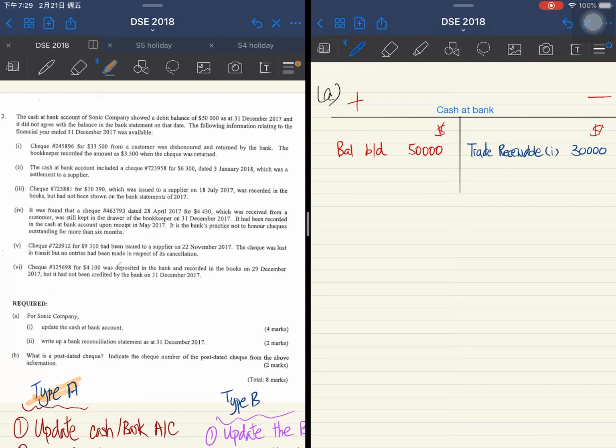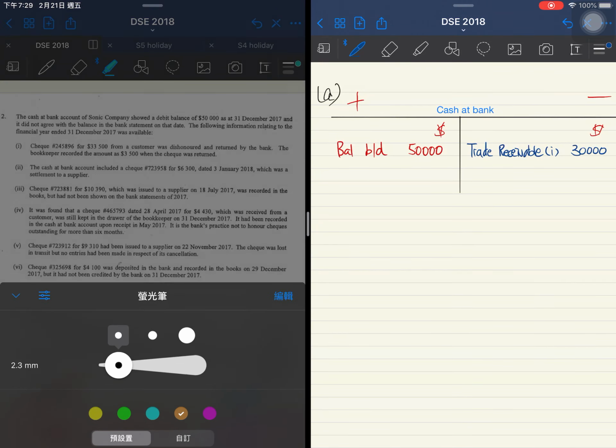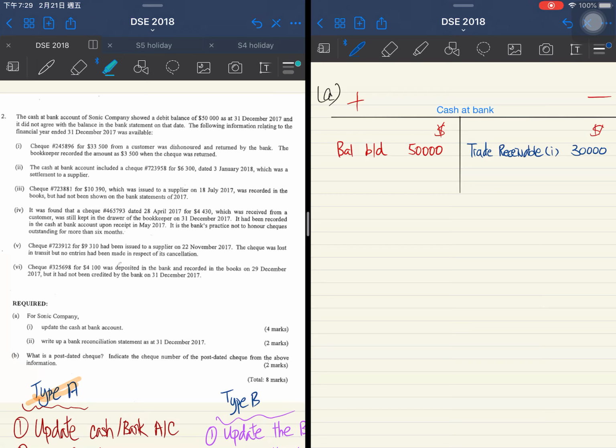Second, the cash at bank account includes a check 723956 for 6,300 dated 3rd of January, which was a settlement to a supplier. We have to notice the date. The date we do the update of the bank and BRS is 31st of December 2017. However, the check 723956 is dated in 2018.